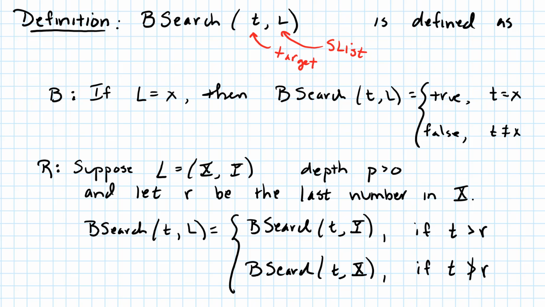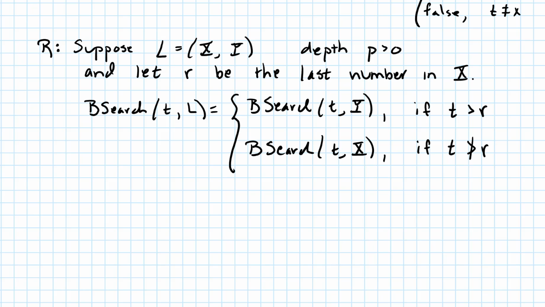Okay, let's do an example to work through this. The example I want to look at, let's let our list be the following: 1, 2, and 6, 8. And let's say our target is 8.